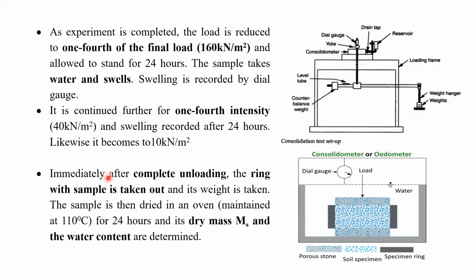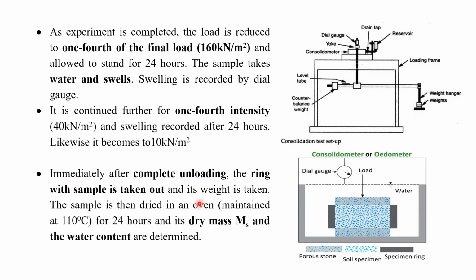Immediately after complete unloading, whereas in the beginning we were performing this experiment by loading, or by doubling the load after 24 hours, now after complete unloading the ring with the sample is taken out. This is the ring in which we have kept this sample.